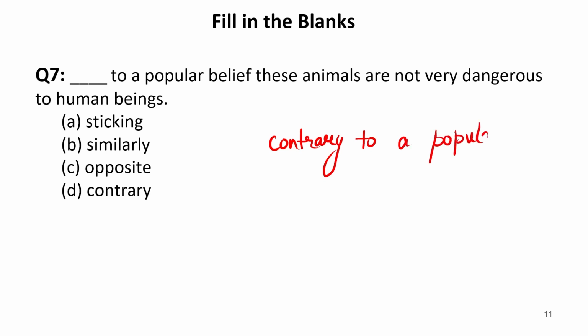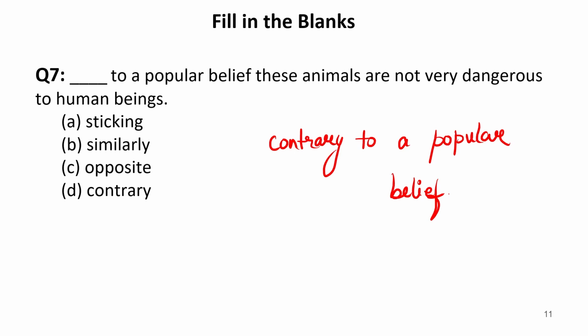It means just opposite to the popular belief. Whatever the popular belief is, the contrary happens. That means the opposite happens. So this is a phrase.